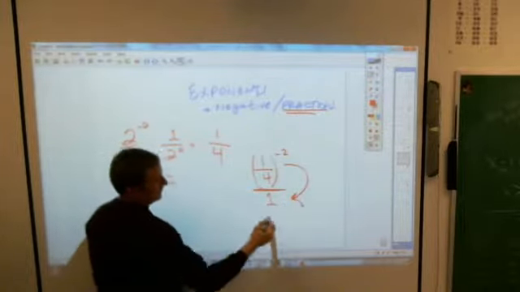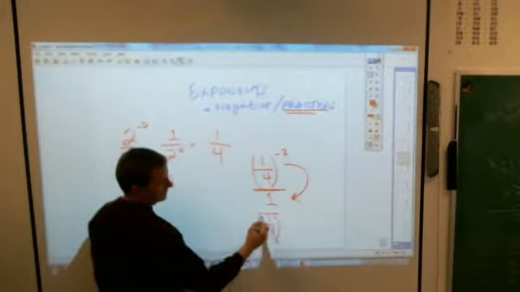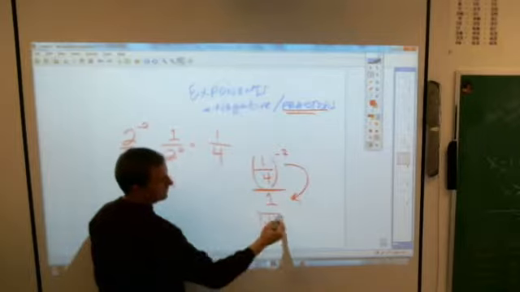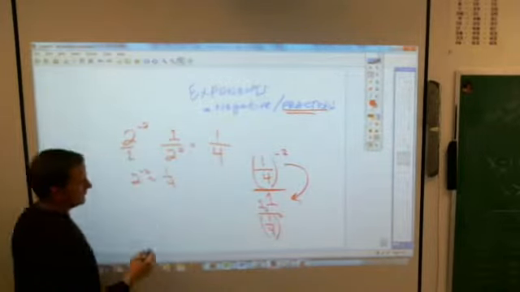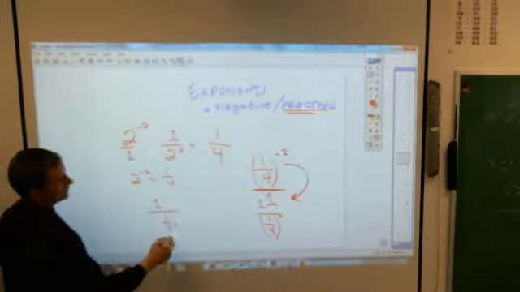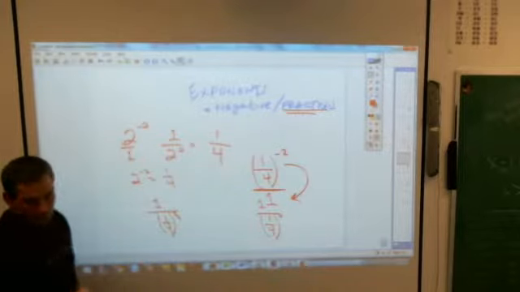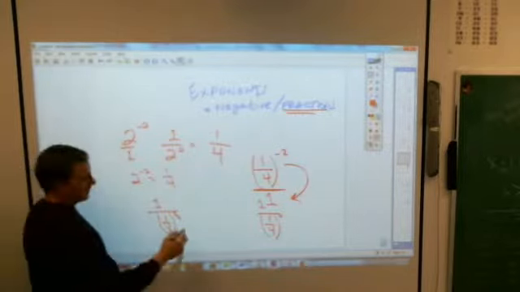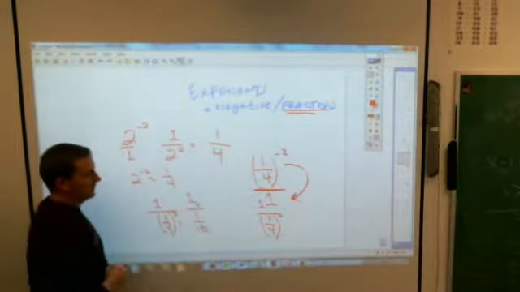You'll have the 1/4 on the bottom of the fraction now, and it will change to a positive 2, and you have 1 on top, which looks a little goofy. 1 over 1/4 squared. Well, what is 1/4 times 1/4? 1/16. So this is 1/16, and there's still a 1 on top.